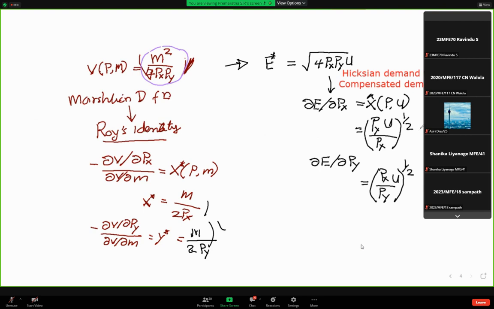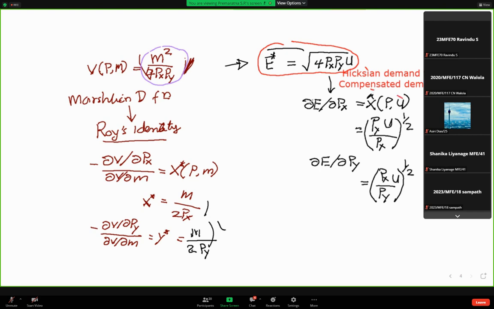This process we do to get the Hicksian demand function, meaning after you have the minimum value expenditure function, from there how to get the Hicksian demand function.